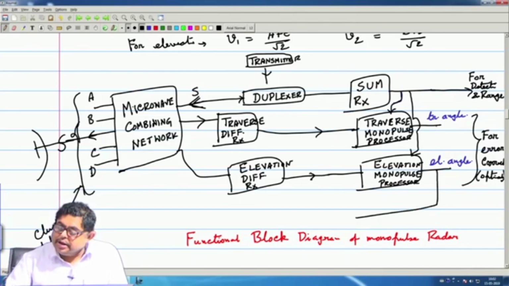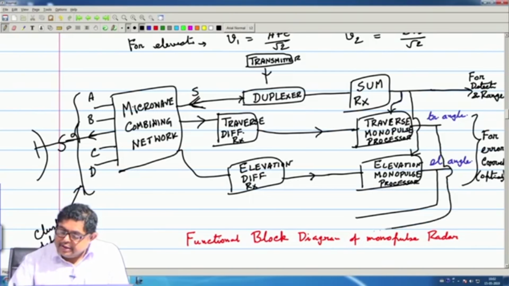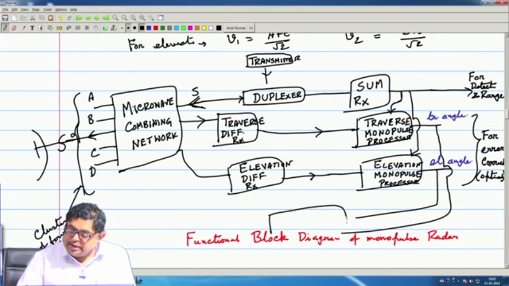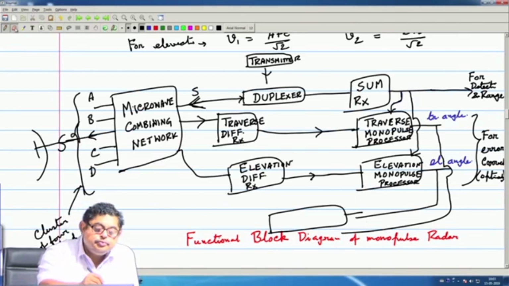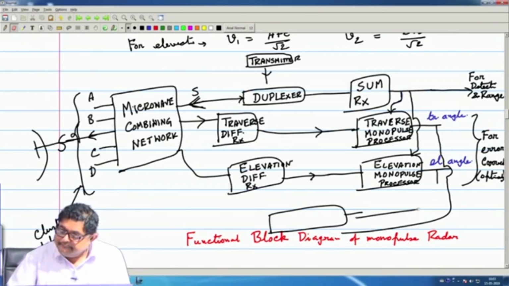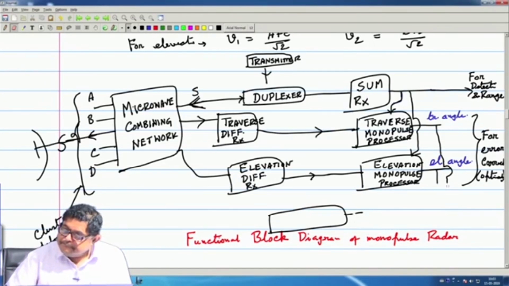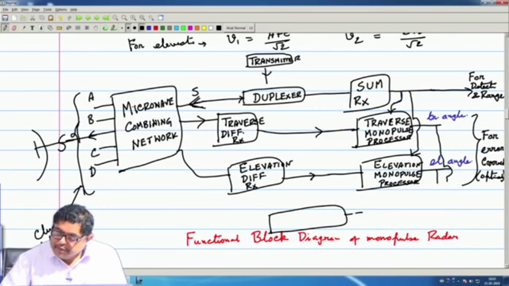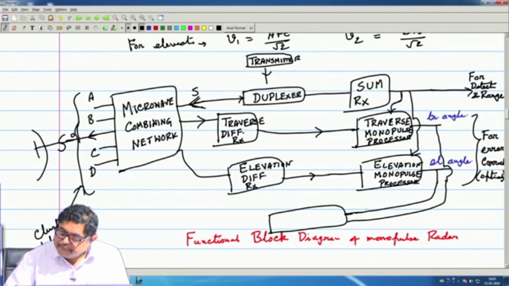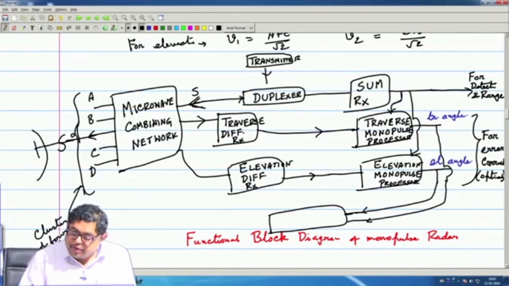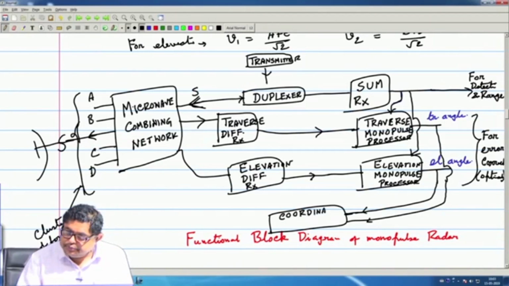These 2 things are taken, and here is a block to which this is given. What is this block? This is coordinate transformation.